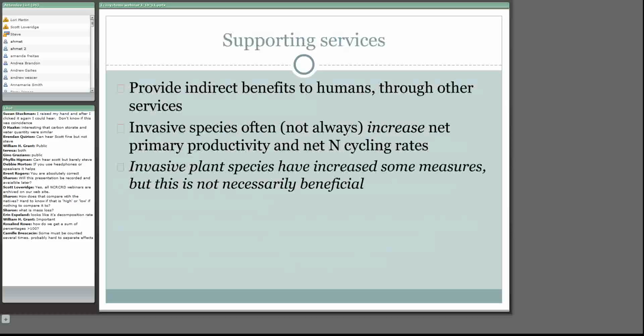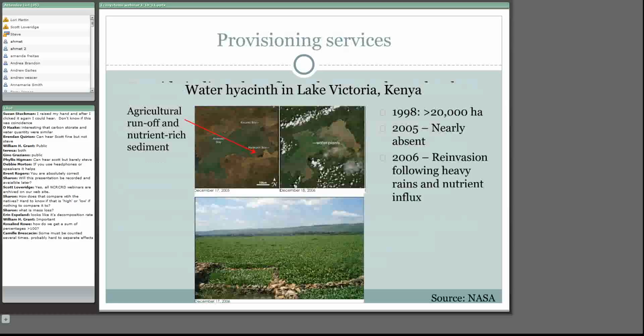Well, the next slide, talking about provisioning services. In this example, water hyacinth in Lake Victoria, Kenya. In 1998, there was greater than 20,000 hectares. In 2005, it was nearly absent.